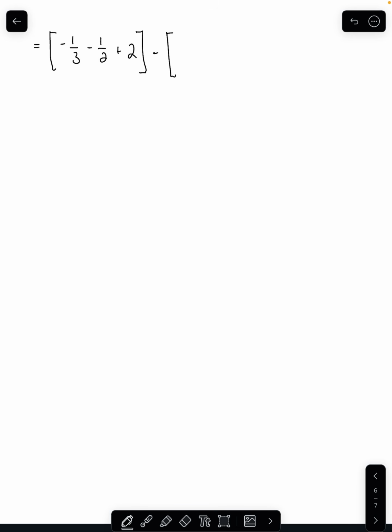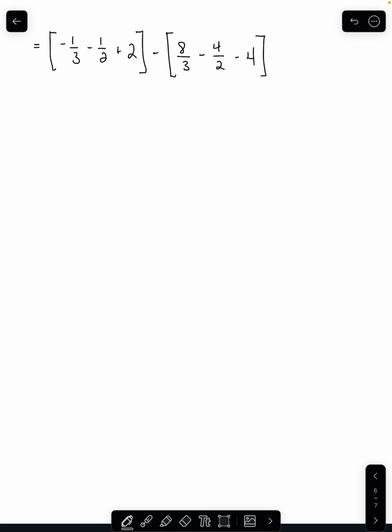But then there is a negative in front of that, which leaves us with 8 over 3. We then have negative 2 squared over 2. Negative 2 squared is positive 4. So we have minus 4 over 2. And then we have plus 2 times negative 2, which gives us negative 4.